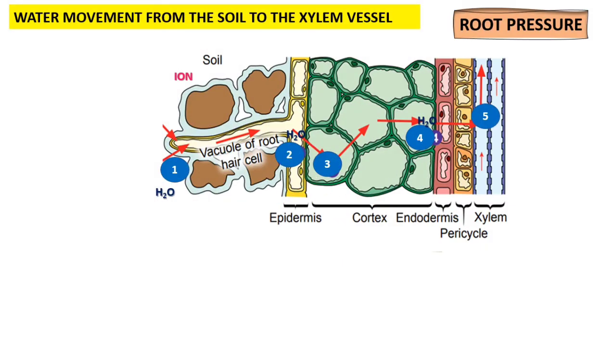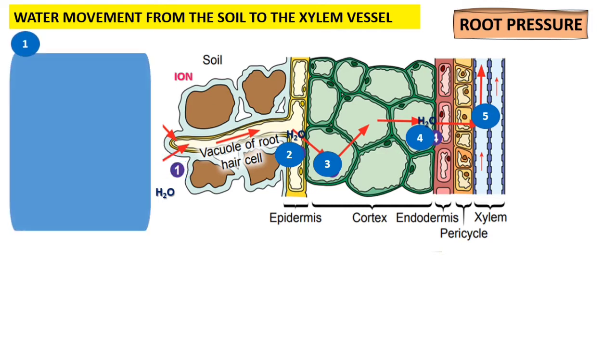So this picture shows how root pressure helps to move water from the soil to the xylem vessel. First, the water potential in the root hair cell is lower compared to the water in the soil.